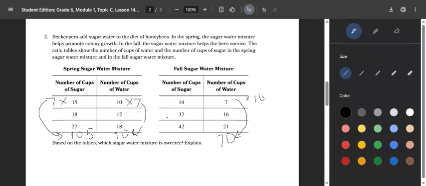And then right here, I multiplied this 7 by 10, so I'm going to multiply this 14 by 10 so that I can get the equivalent ratio. 14 times 10 is 140, to 70.